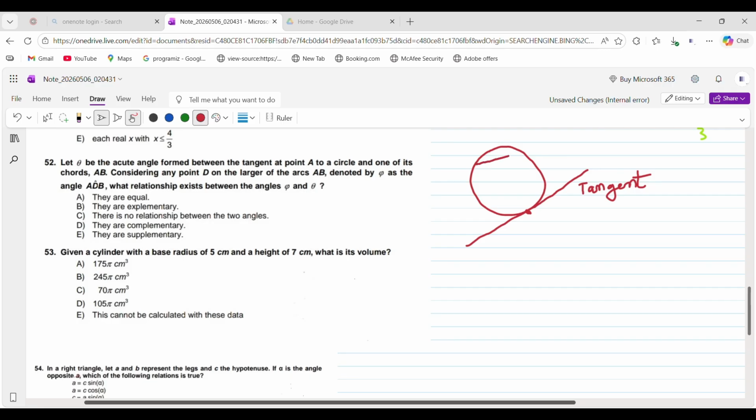Now see, we have basically here a chord, it's called a chord of a circle, okay. And basically we have this line as well. It's not a chord, it's not a tangent as well, because a tangent only touches the circle at one single point. This chord is touching the circle at 2 points.